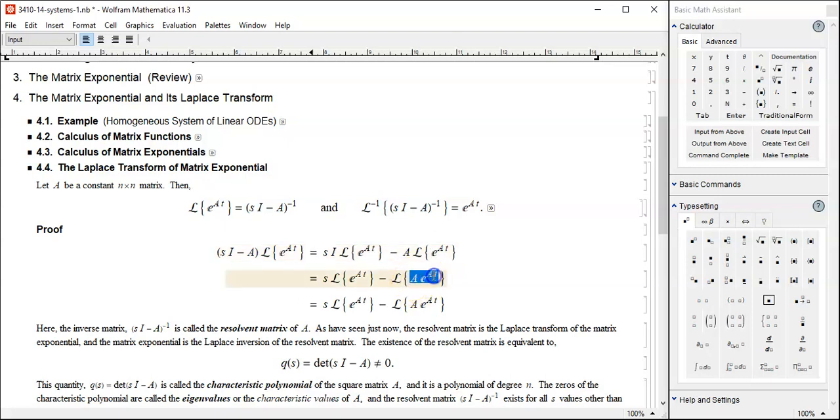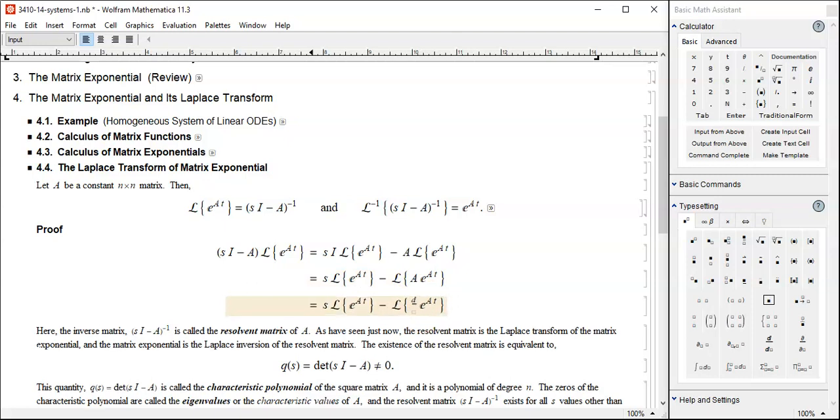Please note that this is the derivative of this. Exponential always remains the same, and by chain rule, we have to multiply the derivative of the inside, and that's capital A, so we got that. So the derivative is actually A e to the At.